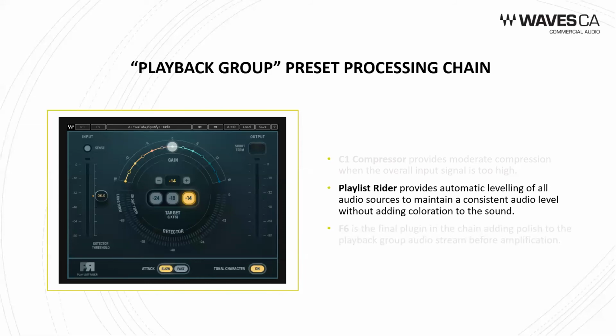The real gem, if you will, of the playback group preset chain is the Playlist Writer plugin. Playlist Writer provides automatic leveling of all audio sources that gives you just a consistent audio level throughout the program, and it doesn't, again, add any coloration to the sound. This is really an amazing plugin.